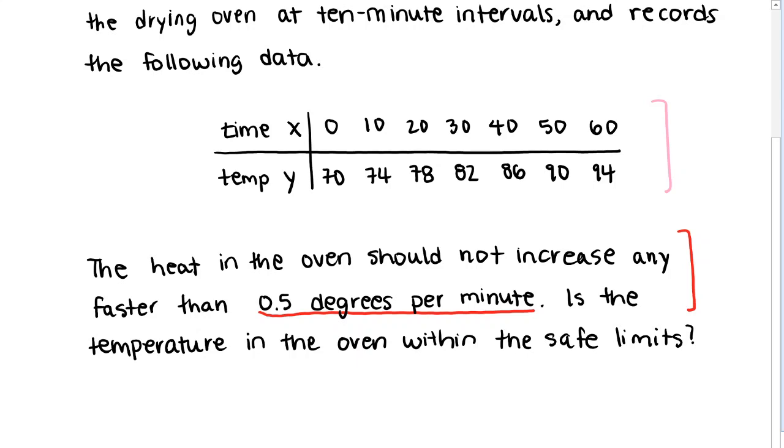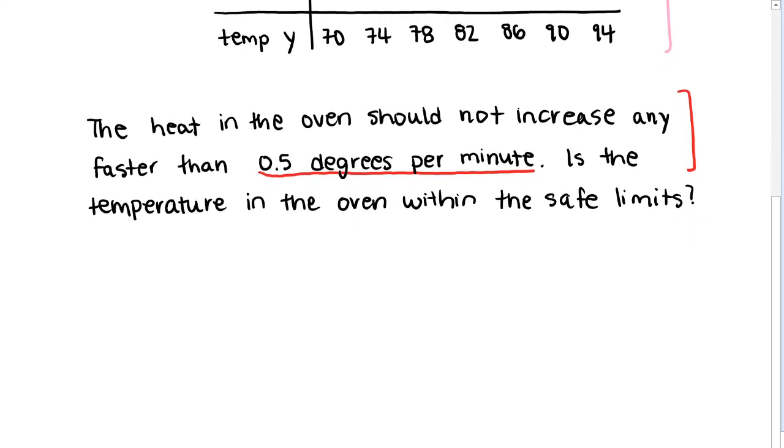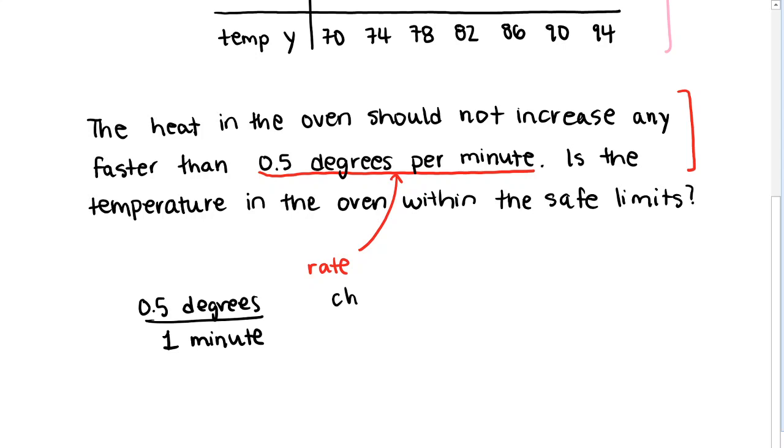The first thing I want you to notice is that this 0.5 degrees per minute is a rate. This is a ratio of 0.5 degrees for every 1 minute. This is really describing a change in temperature.